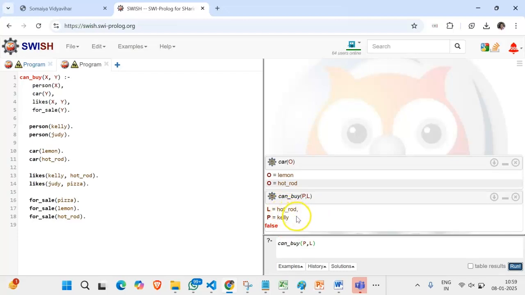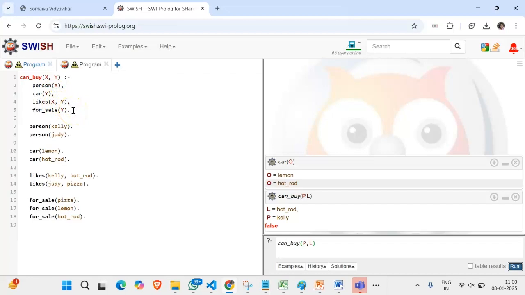In Turbo Prolog, you need not click on 10 or 100 results for the query. Instead, it would give you all the answers for the given free variables. As you can see, the can buy statement would be executed whenever the body is true, wherein X is a person, Y is a car, X likes Y and Y is for sale.